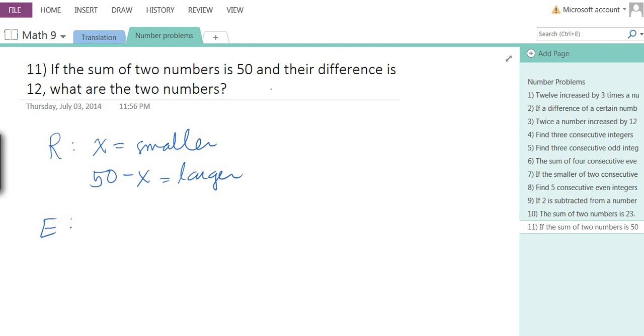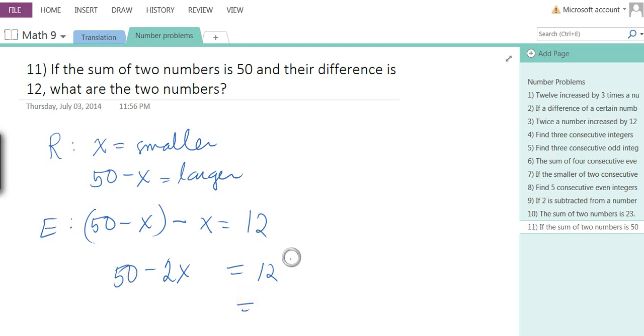Therefore, if I subtract x from the larger number, we'll get 12. So 50 minus x minus x is equal to 12. And we'll get here -2x plus 50 is equal to 12. Undoing 50 to the other side, we'll get 12 minus 50 is equal to 2x.